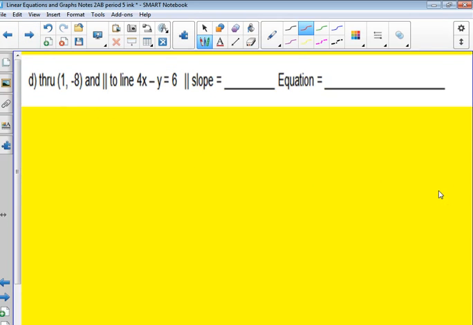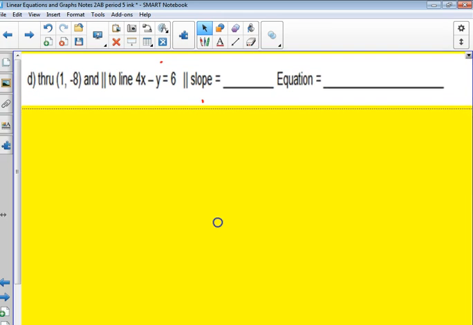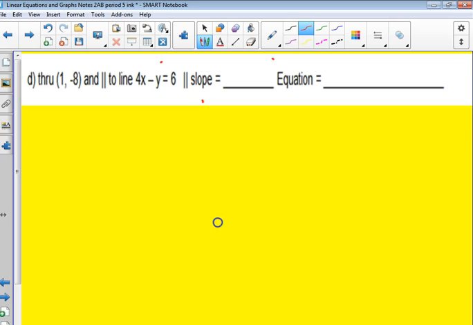This one says parallel, so we don't have to flip the slope over this time.